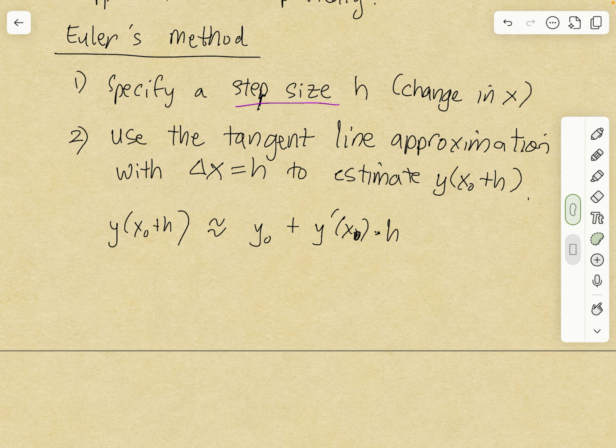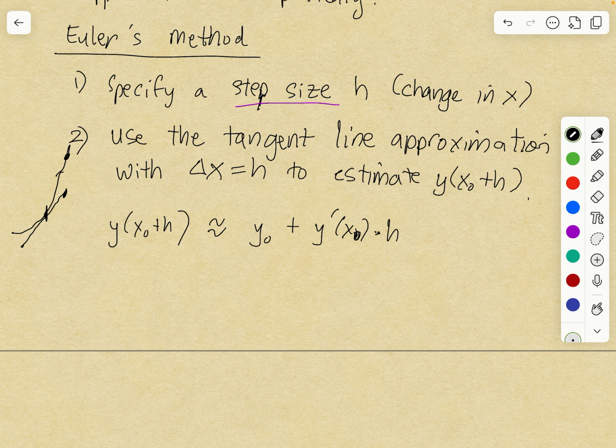Okay, now it's not the same as y of x0 plus h because you're just using the tangent line approximation. So for example, you have some curve like this, and then let's say this is your x0 corresponding to this value of x, and then if you plugged in a value into your tangent line, you're going to get some y value here, whereas the y value is actually up there.